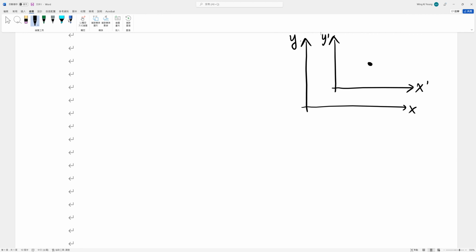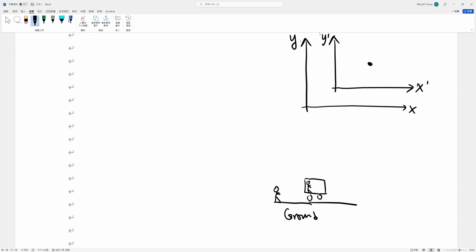Now you can see that there are two axes here, so two sets of coordinate systems. Let's consider the xy coordinate is just the ground, and x prime y prime is just like a car. So there are two observers, one standing on the ground, one sitting inside a car, and they're observing the object.